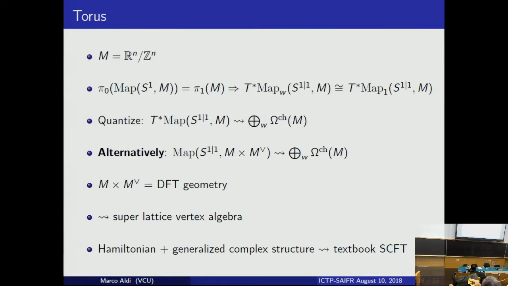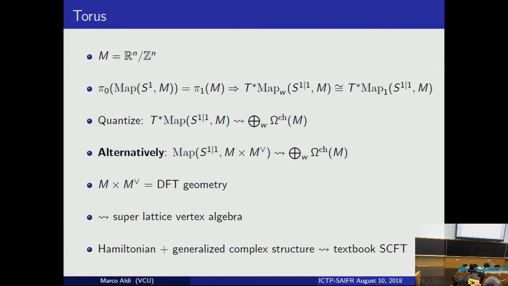And there is an alternate point of view given by Hull's double field theory, which is to account for the windings by looking instead at the super loop space with target a manifold of twice the dimension, that is the product of the torus with its dual.